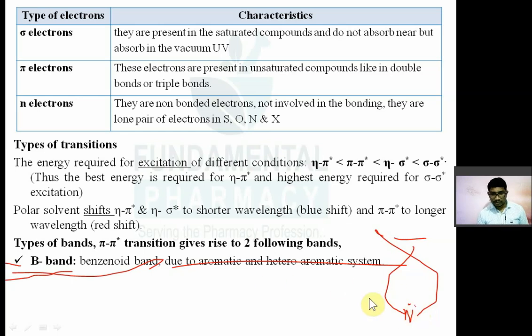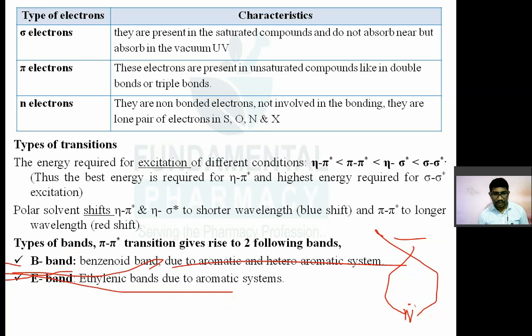Due to pi to pi star transition and n to pi star transition, both are possible in this, because of that you get this kind of band. B band means benzoyl band and it is due to aromatic or heteroaromatic compounds. ठीक है.